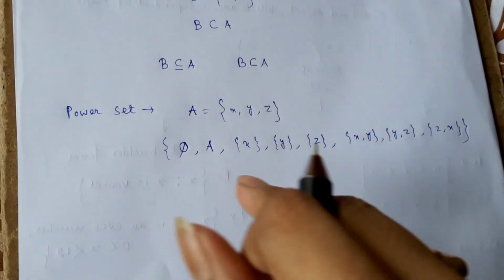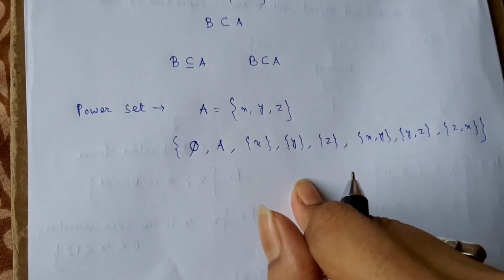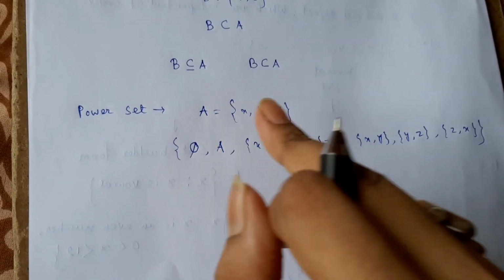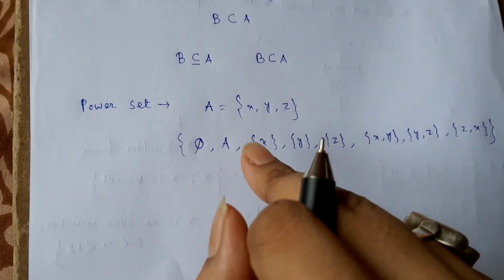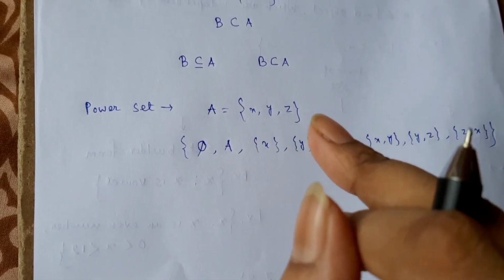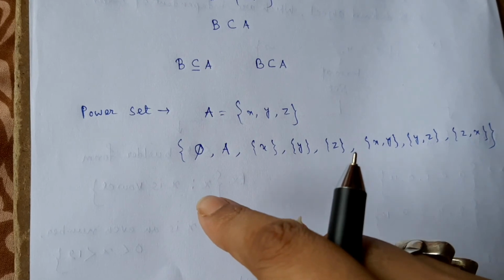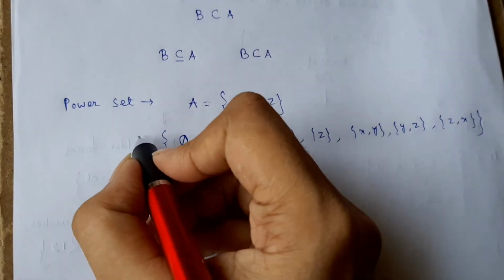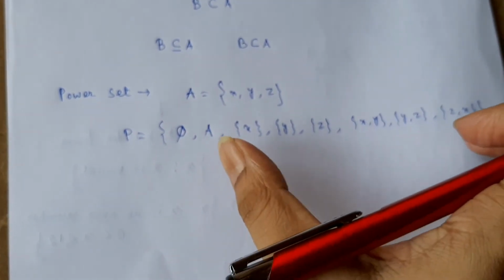So a power set is a set which contains all the subsets of a given set, and any subset of any set must include phi and itself. Okay, so this is the example of a power set.